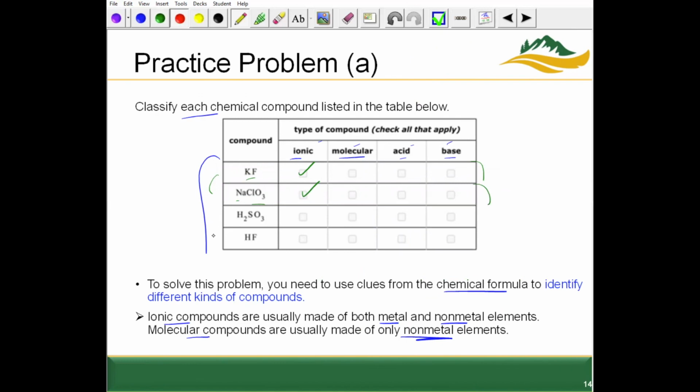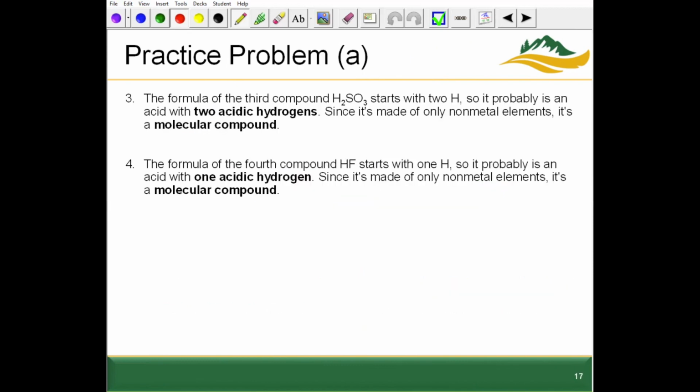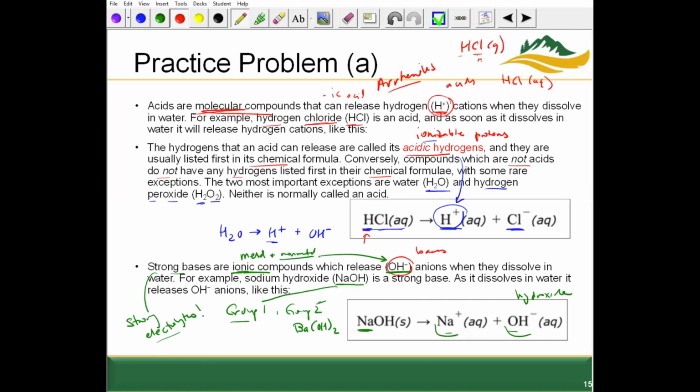Next, let's look at these two. So from the formula, these start with H. So that's a pretty big hint that we may be dealing with acids. So H2SO3. Acids are molecular compounds. Going back here, an important connection to make is that acids are molecular compounds that can release H+ cations when dissolved in water.